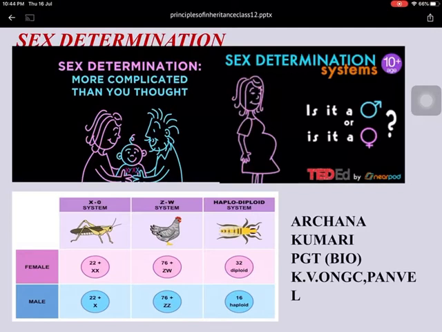Before discussing that, let us remember there are 23 pairs of chromosomes in the human being, in which 22 pairs are known as autosomes and one pair that is different in male and female is called the sex chromosome. The chromosomes found in the male are XY and in the female XX.